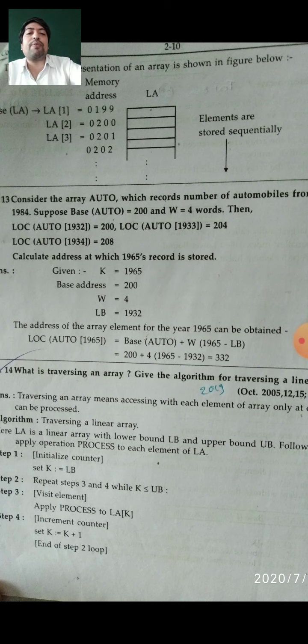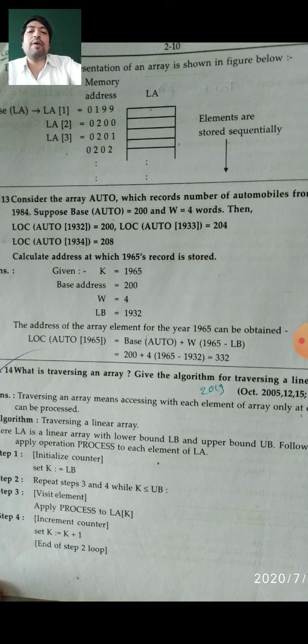The address of the array element for the year 1965 can be obtained with the help of the following formula. LOC auto 1965 is equal to base of auto plus W, the word per memory location, in bracket 1965 minus LB, and we already know 1932 is the LB. The data we have written at the starting of the solution of the example.